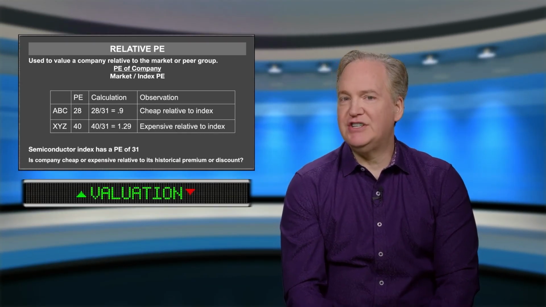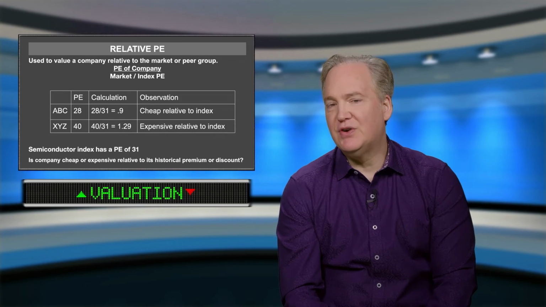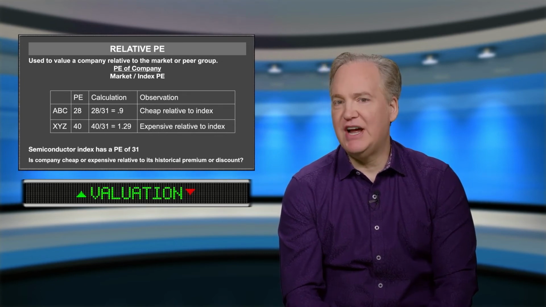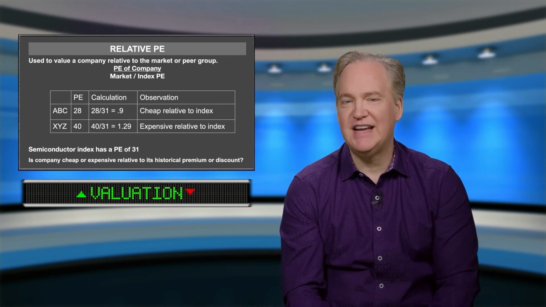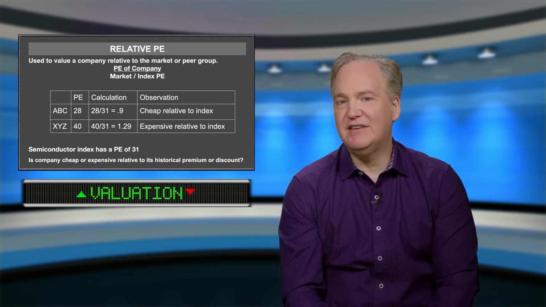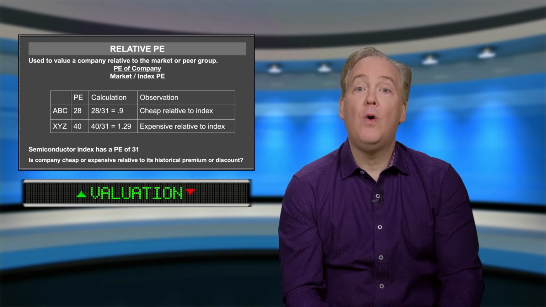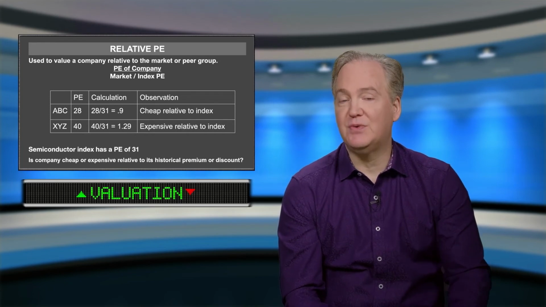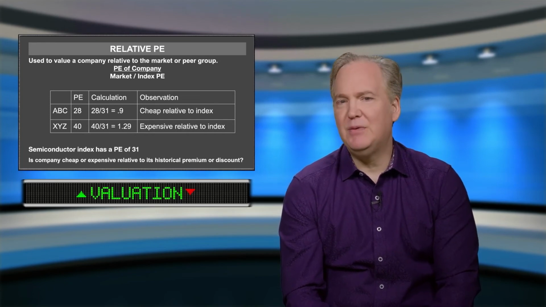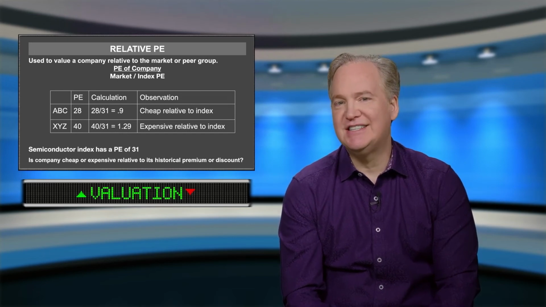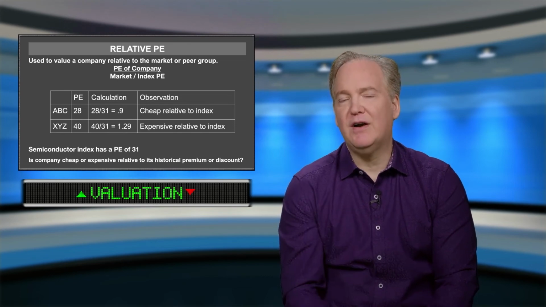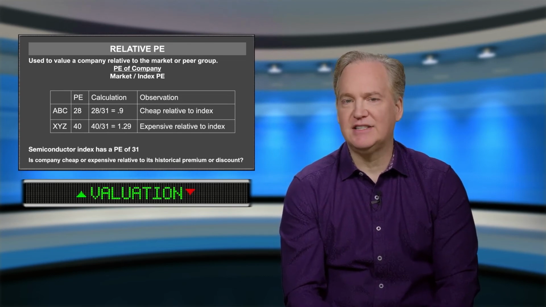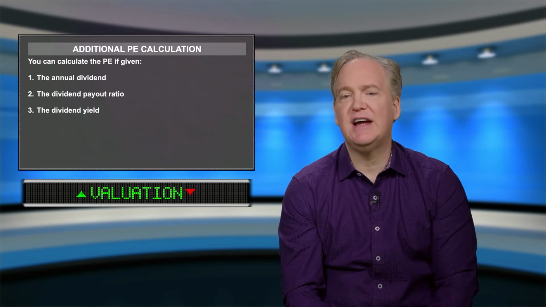If a corporation's PE is normally trading at 150% of the reference index, or a premium to the marketplace, and it's trading at a relative PE of 1.2 or 120% of its reference index, that company would be seen as relatively inexpensive to itself based on its historical premium. So be aware of that style concept that you may see on your exam.